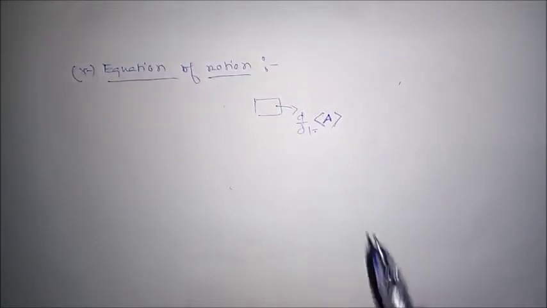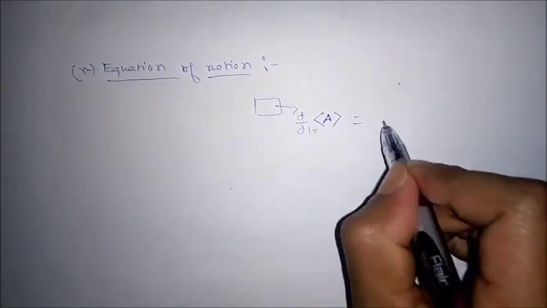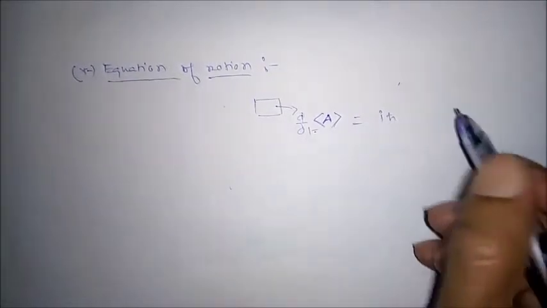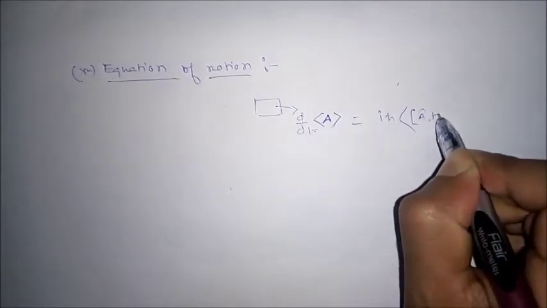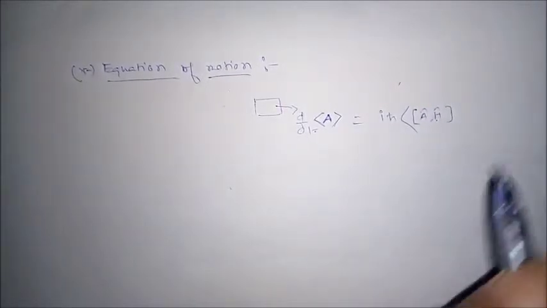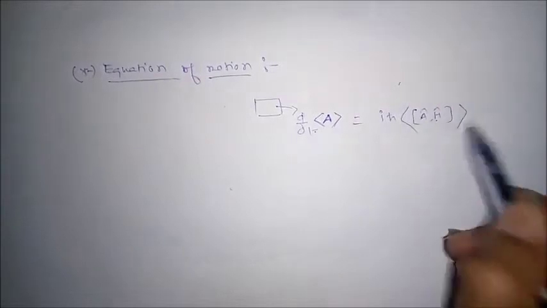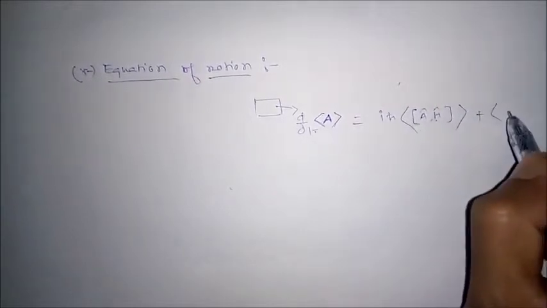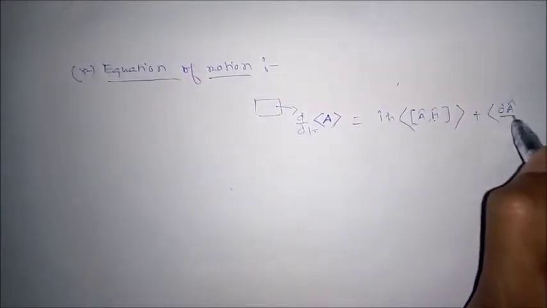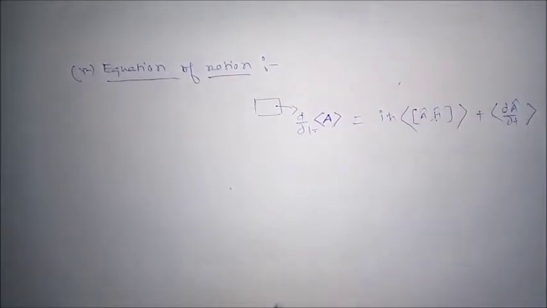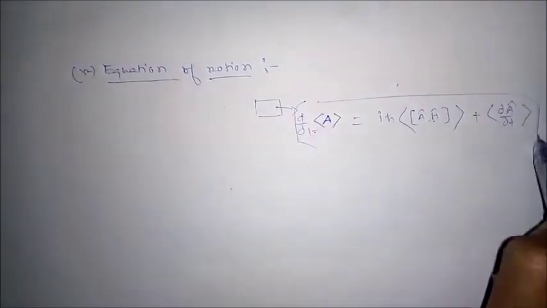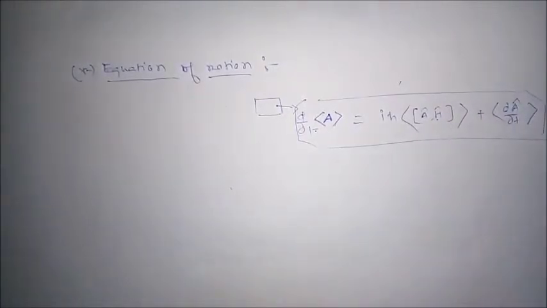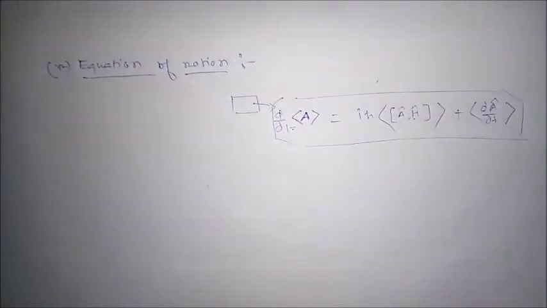This equation is given by iħ times the average value of the commutator of A and H, where H is the Hamiltonian operator of the system, equal to the average value of dA/dt. This is the main equation of motion.